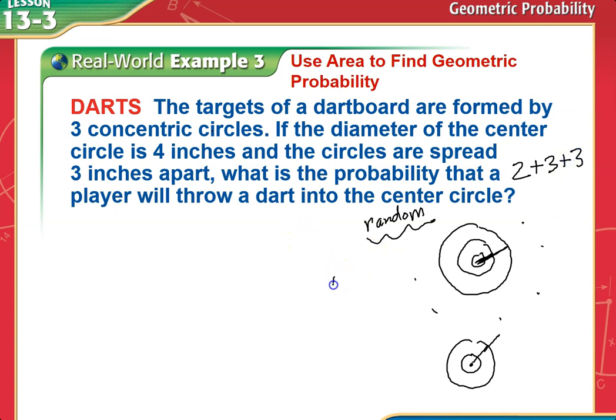That's going to be pi r squared, or 64 pi, for the large circle. And the small circle we're trying to hit would be pi times 2 squared, or 4 pi. Looks like the pi's are going to cancel, and the 4 and the 64, I believe, reduce into 1 over 16. All right, let's see what they say.